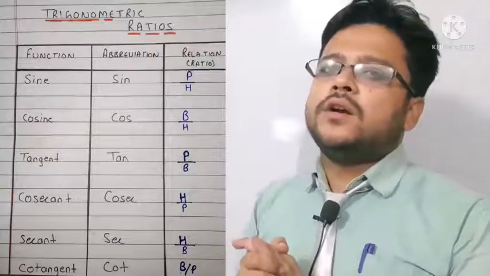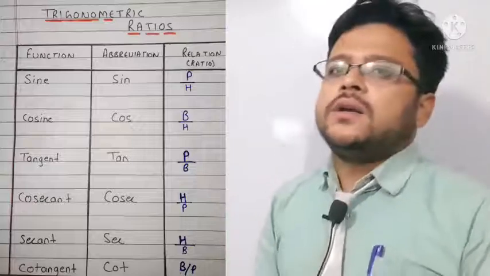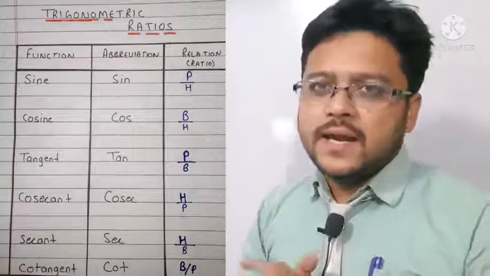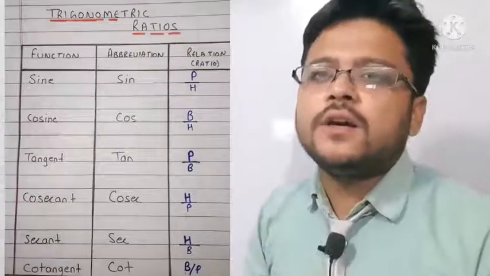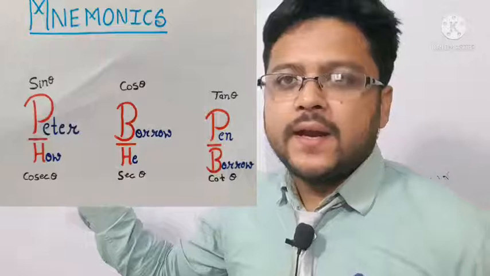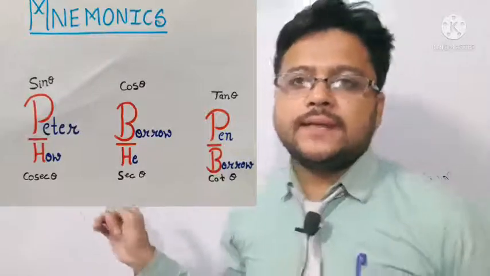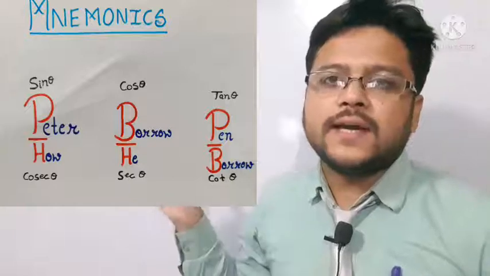So in order to minimize your confusion, I am bringing a very special mnemonic for learning these ratios. You have to learn a simple sentence: Peter borrows pen, how he borrows.